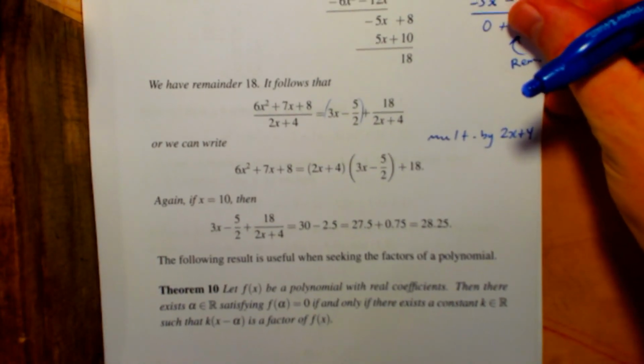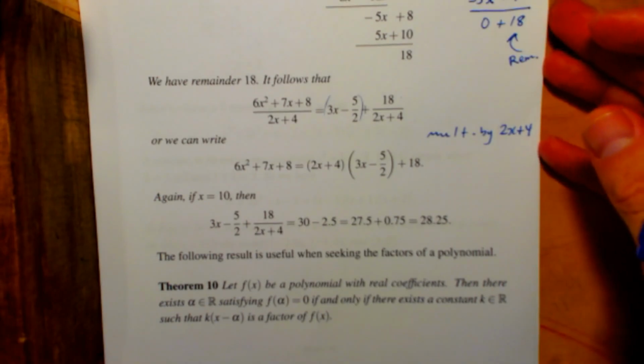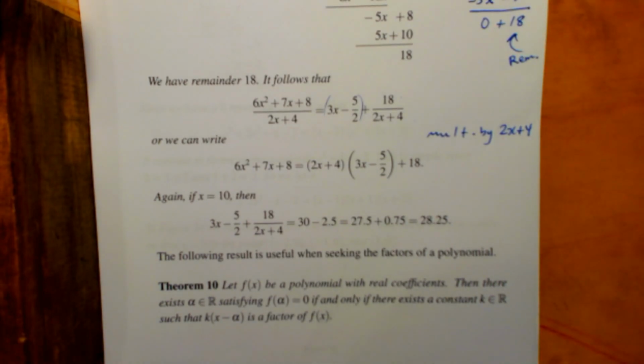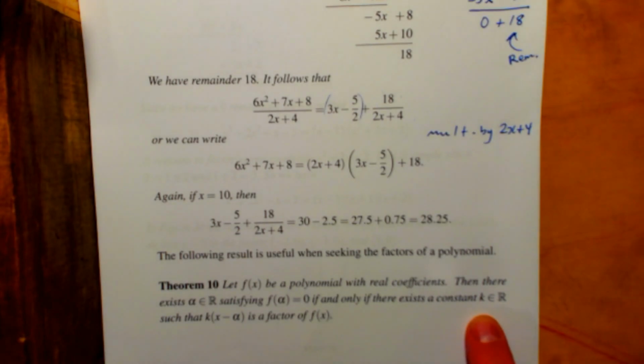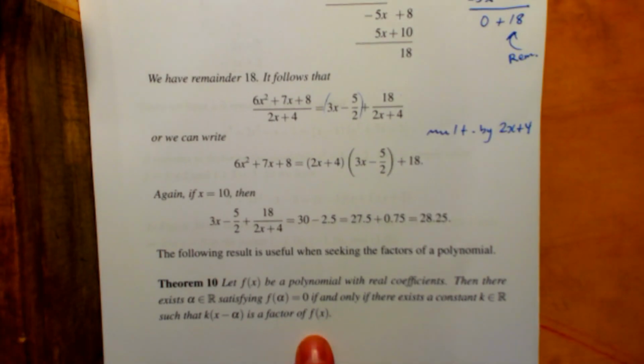Okay, so let's have a look at theorem 10. Let f of x be a polynomial with real coefficients, then there exists an alpha satisfying f of alpha equals 0 if and only if there exists a constant k that's a real number such that k times x minus alpha is a factor of f of x.